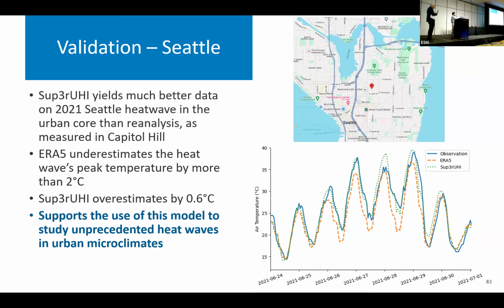In that middle day, it overestimates, but it's actually pretty in line with the other two days. It does a much better job of representing these extreme temperatures in this unprecedented event. So what I'm saying here is that we think this is a really good tool for understanding extreme temperature events in an urban core, some that are totally unprecedented, some temperature events that we've never seen before.